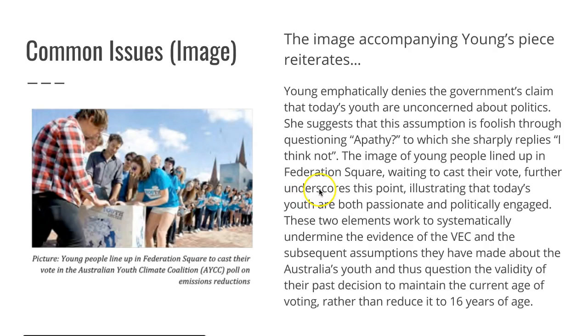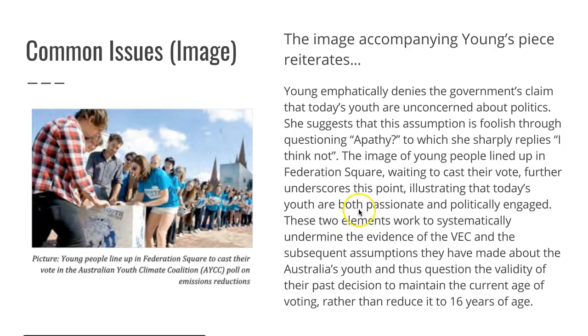Further underscores, so that's the same thing as reiterate, it's a synonym, this point, illustrating that today's youth are both passionate and politically engaged. And I should have actually put those two words in quotation marks because I've taken them directly from the text.